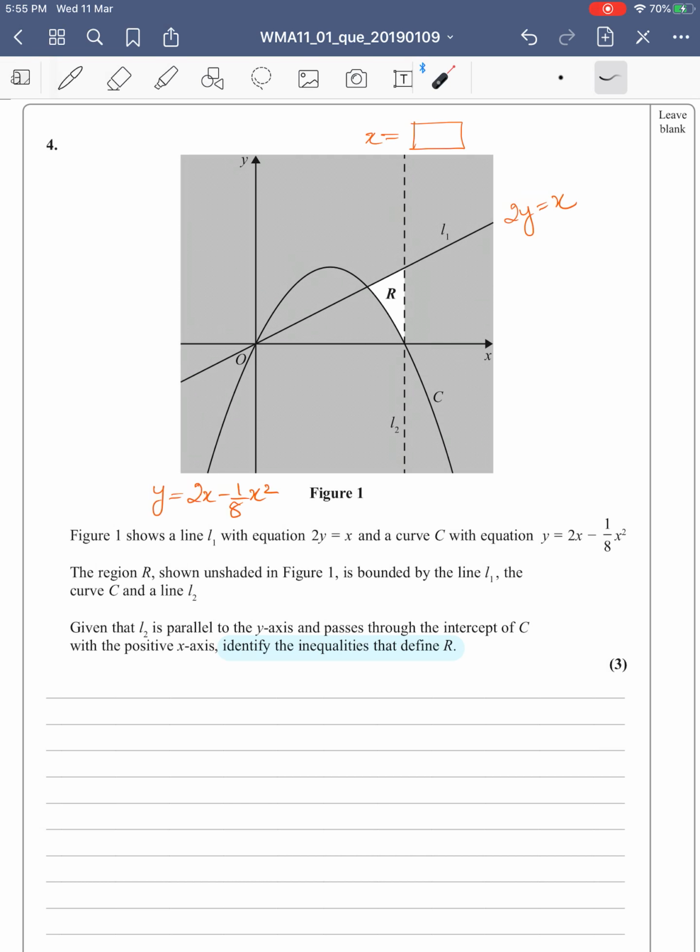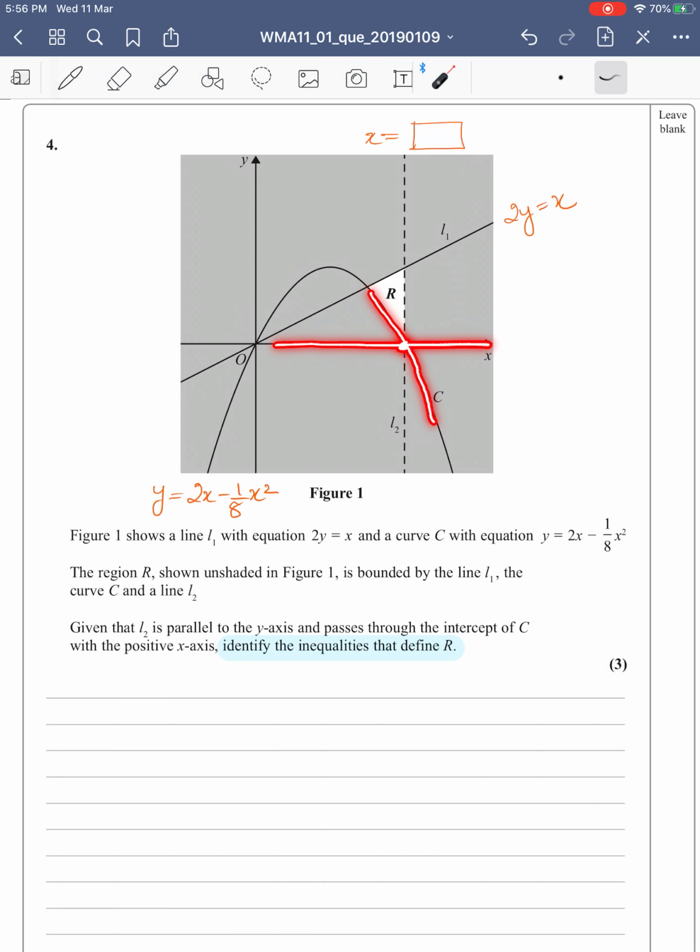Now we don't know what that number is, but as we can see, the straight line is passing through the intersection of the positive x-axis and the curve. So if we are able to find the coordinate of this point, we will be able to find in turn the equation of the dotted line.